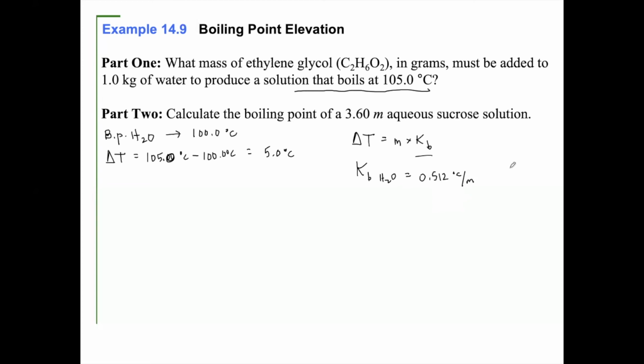So it's asking what's the mass of the solute that needs to be added to 1 kilogram of water. I think the plan of action here is first we need to find the molality of that solution. Then we need to find the moles of ethylene glycol. Then we need to find the grams of ethylene glycol. That's the strategy.